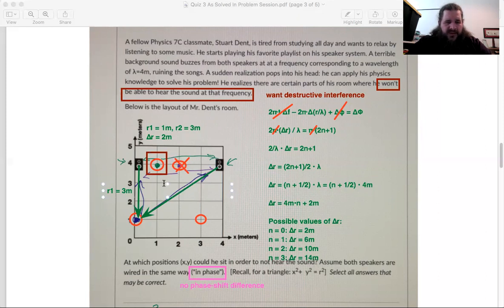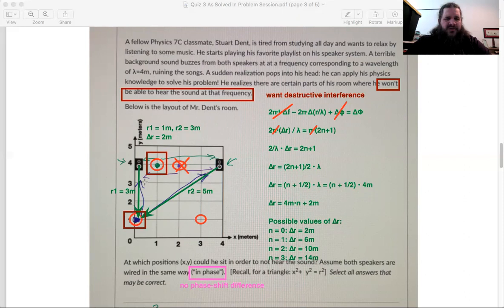Yeah, that's the standard 3, 4, 5 right triangle, or you could just calculate it out, 3 squared plus 4 squared, and you get 5 meters. So what's the difference between those path lengths? Yeah, 2 meters. And we already saw that a difference of 2 meters leads to destructive interference. So it looks like this location also fits the bill of destructive interference.